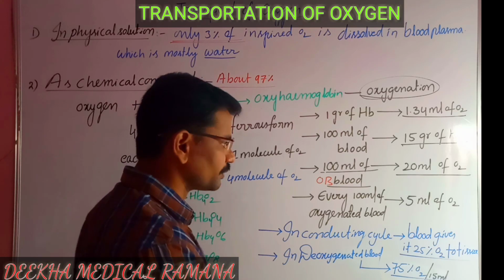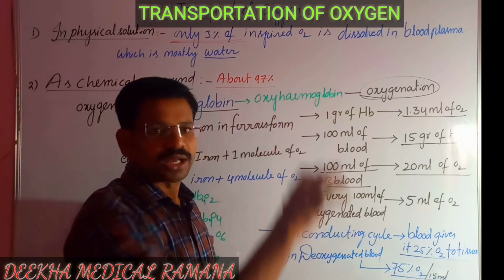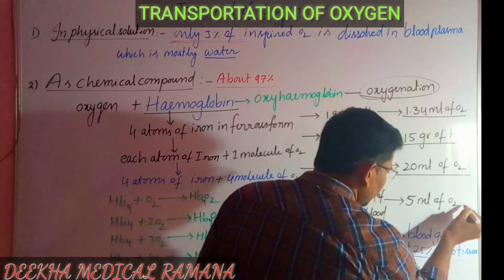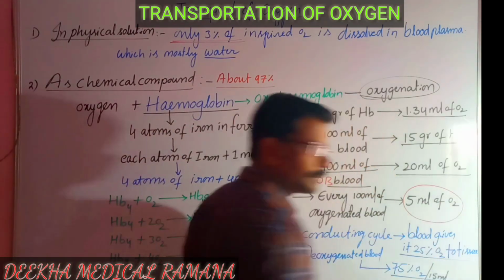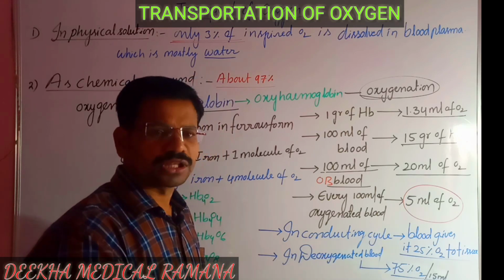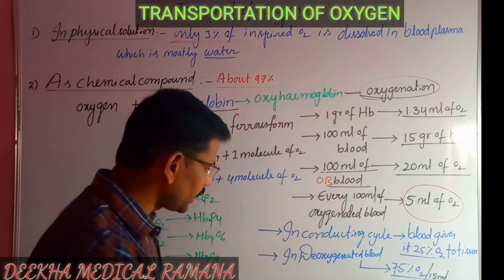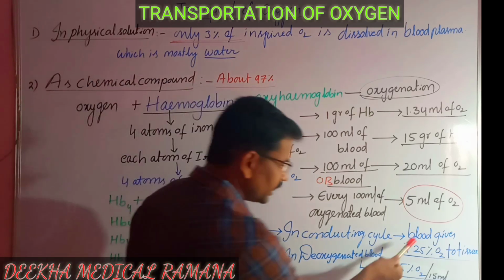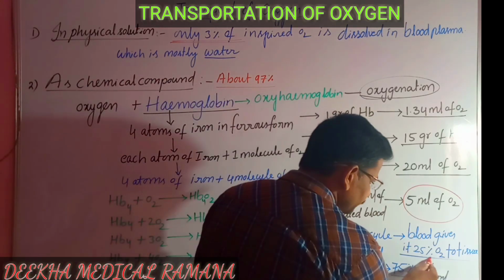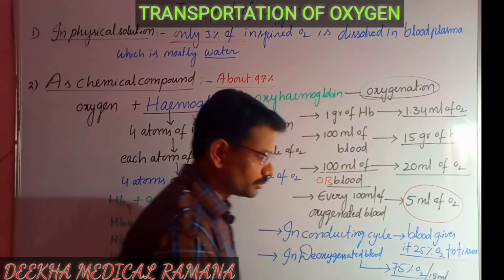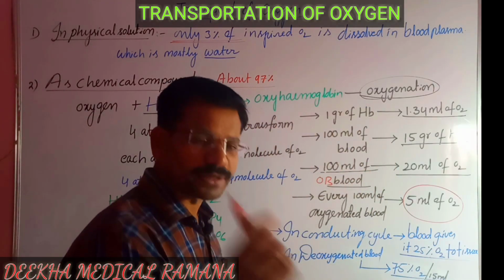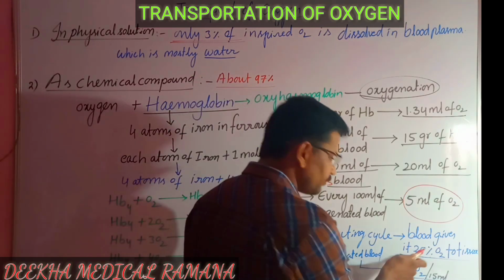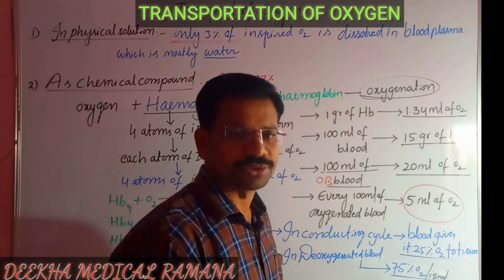That means in each cardiac cycle, only 5 ml of oxygen is delivered from the oxygenated blood, right? In the circulatory cycle, blood gives 25% of oxygen to the tissues. That means if you take 100% of oxygenated blood, 25% of the oxygen is sent into the tissues.